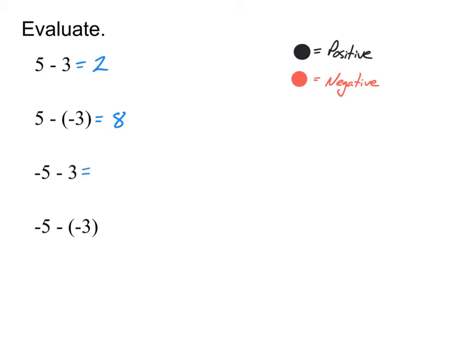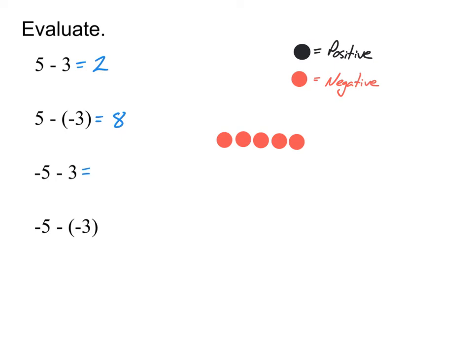All right, so now we can go on to our next one, where we're going to do negative 5 minus 3. So we're going to start by putting down our first number, which is a negative 5. So that means 5 negative chips on the board. Then I need to subtract 3 from that. Now notice that means I'm subtracting a positive 3. I don't have 3 positives on my board. That means I've got to add some on again. So I'm going to be adding pairs again.